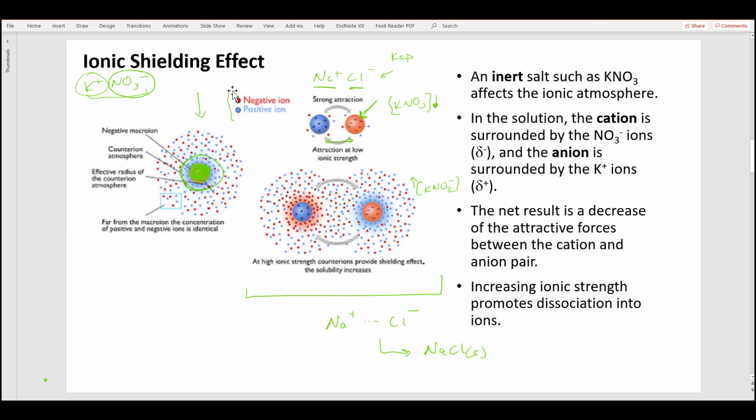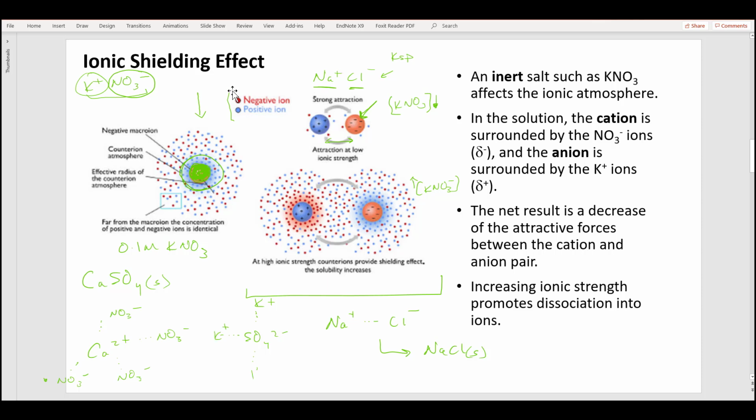This is exactly what you saw in the example in chapter 6 with calcium sulfate, right? We said that when you toss 0.1 molar KNO3 into the solution where calcium sulfate is dissolving, what happens is you get calcium ion, and then surrounding that calcium ion are a bunch of nitrates that form this nice shield, this barricade. And in doing so, those nitrates keep the sulfates, which are equally balanced by the potassiums, quite far away.